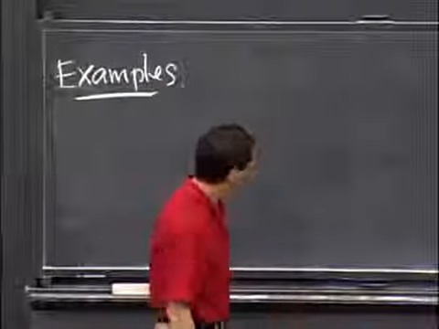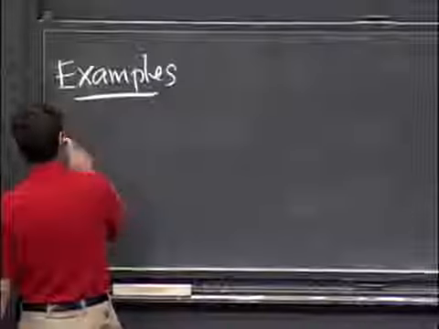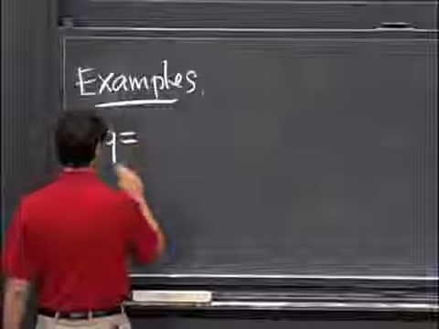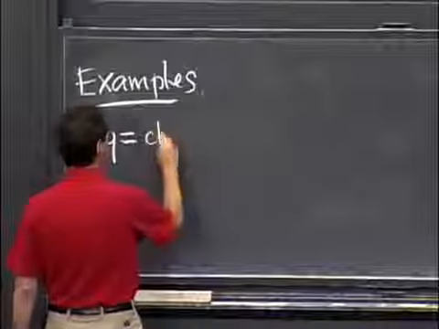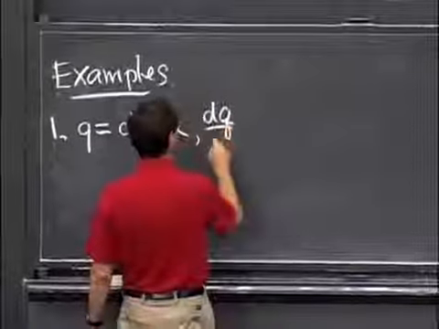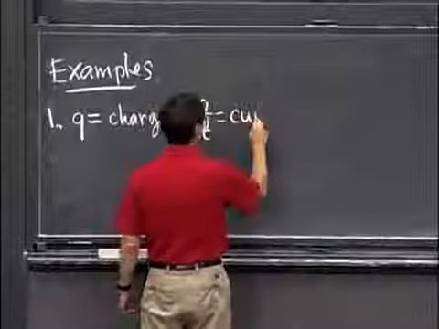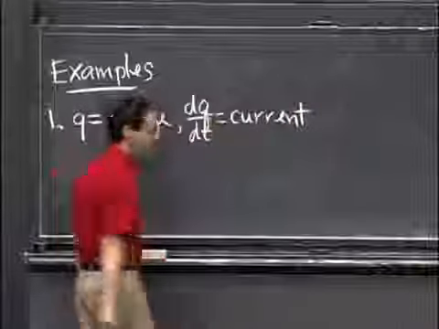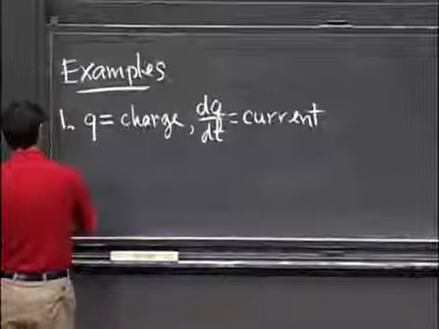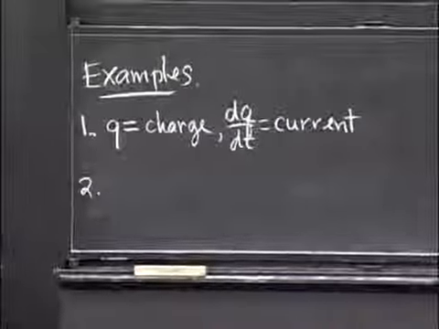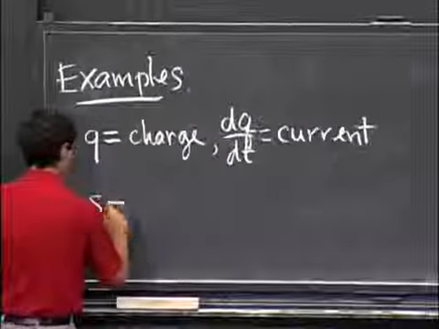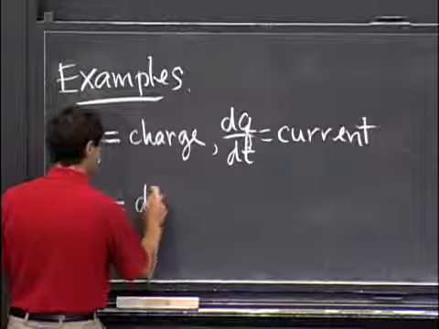So maybe some examples from physics here. Q is usually the name for a charge. And then dq dt is what's known as current. So that's one physical example. A second example, which is probably the most tangible one, is we could denote the letter S by distance.